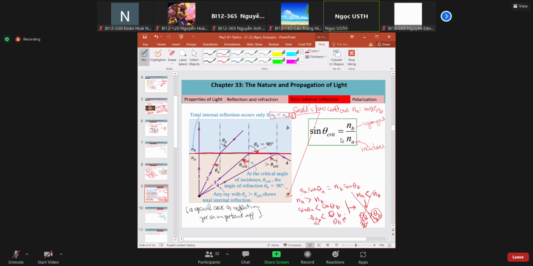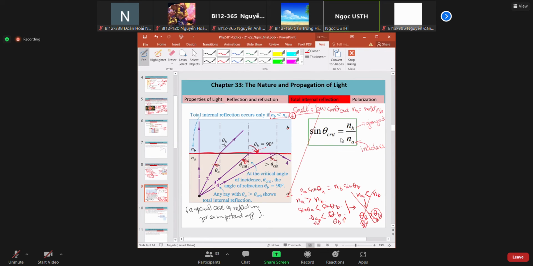The second condition is when the total internal reflection occurs, when this angle starts to be 90 degrees, and then it just needs to be higher than this, then you will have the total internal reflection. So you need to apply the Snell law.